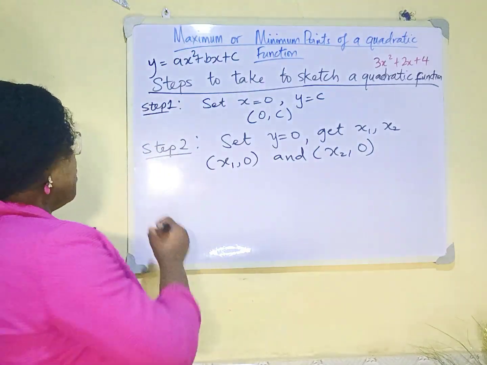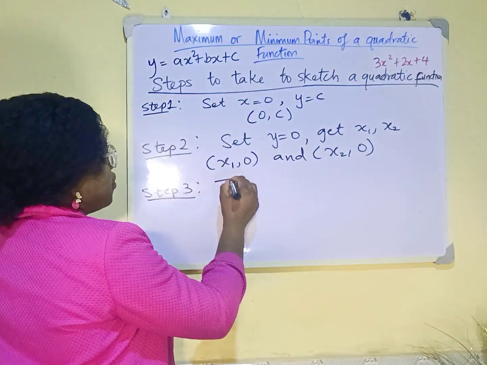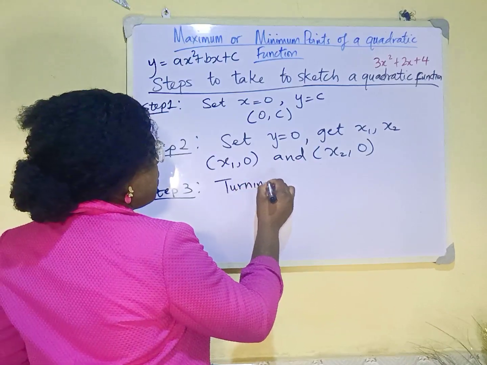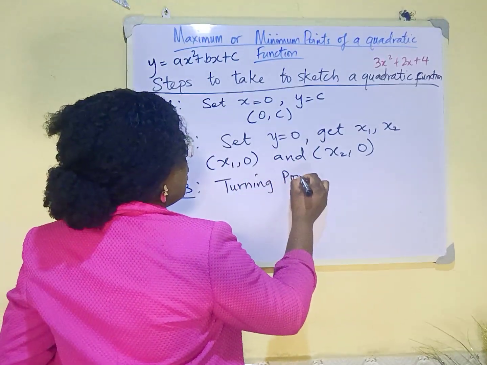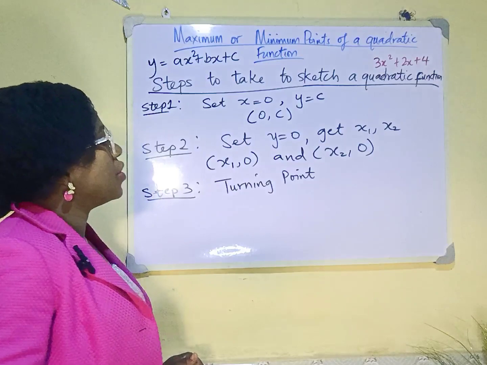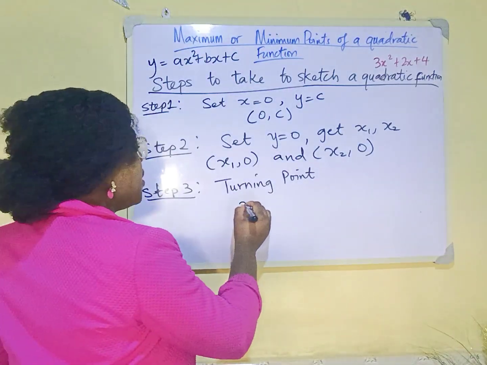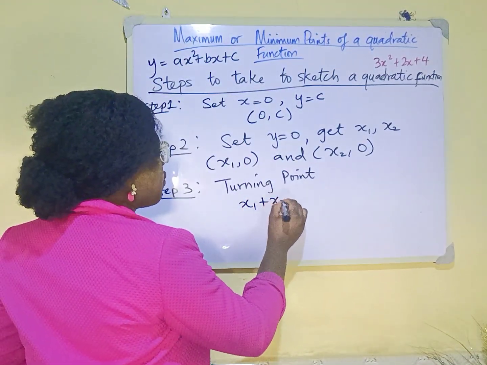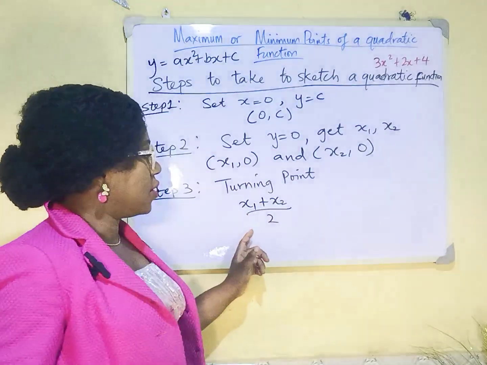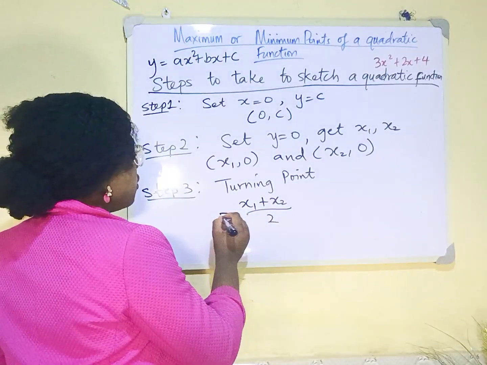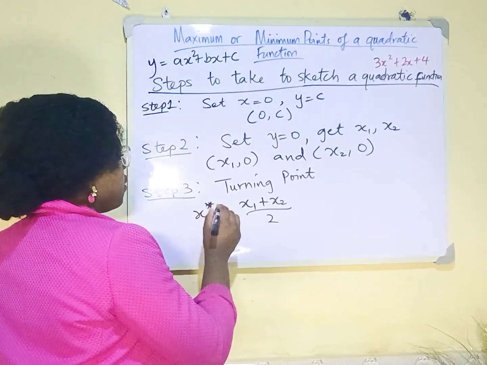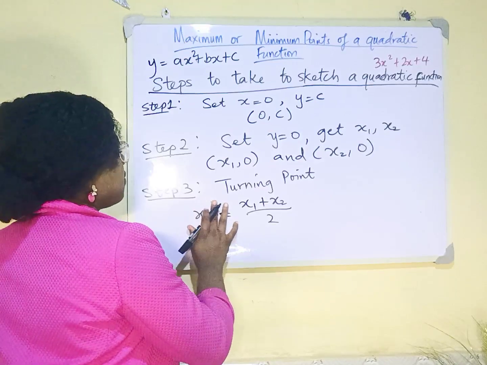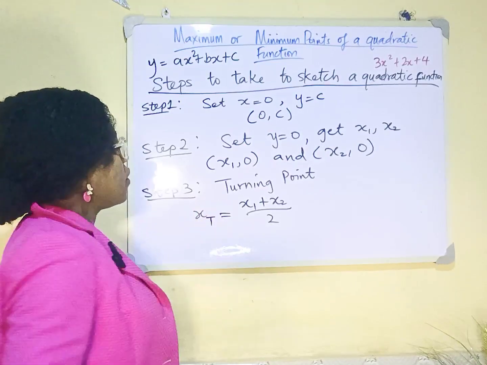The third step, I need to get my turning point. To get my turning point, I need to get the midpoint of the x1 and x2 of the x coordinate. Let's call this x star or x turning point, xt.